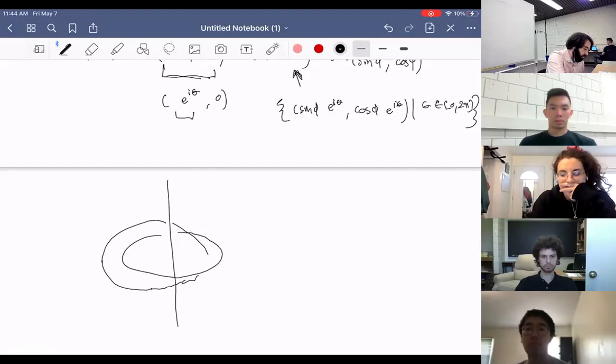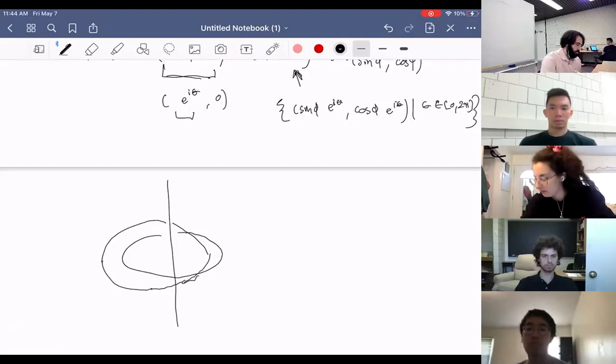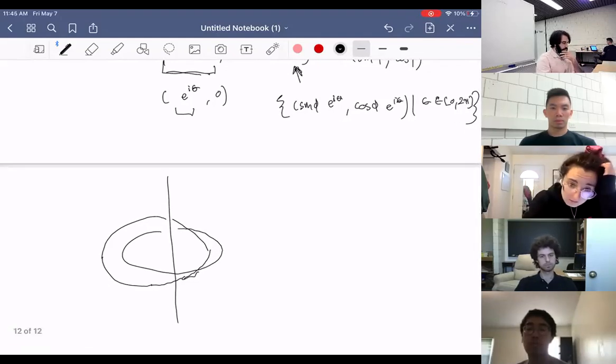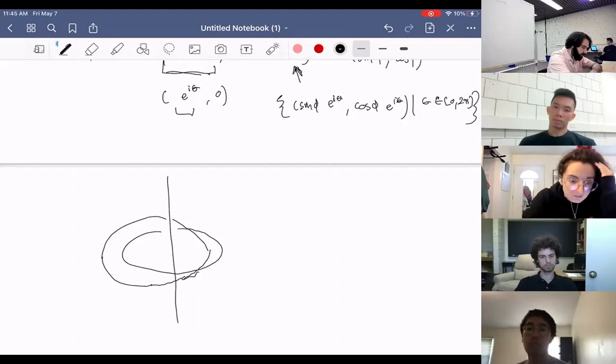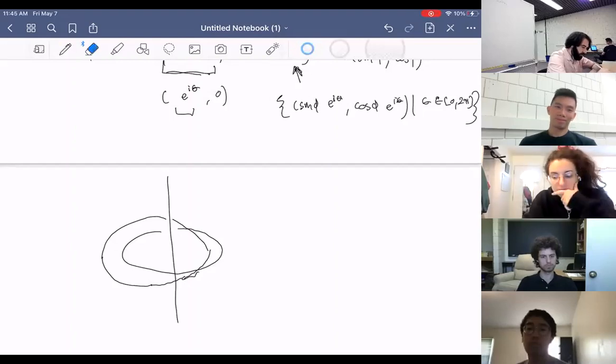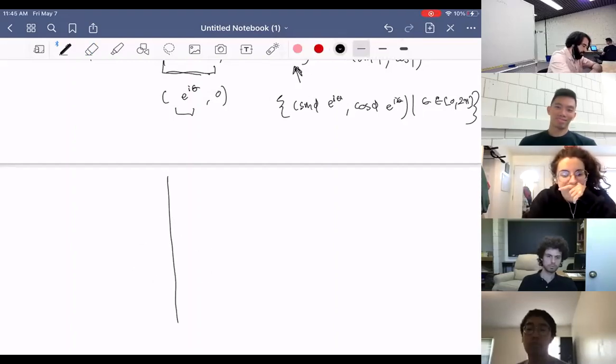Under, so then this is going to go over. I can't erase like that. I can't erase just part of a curve, can I?